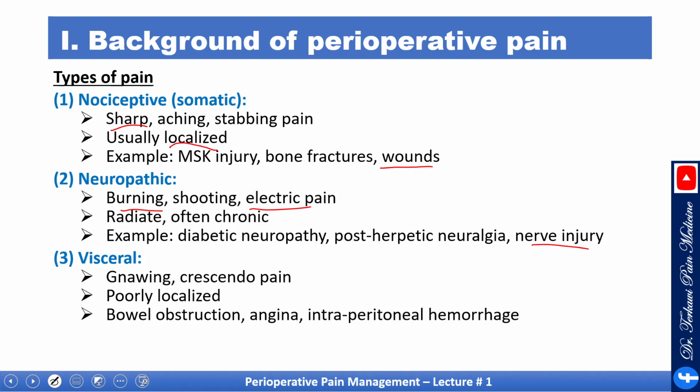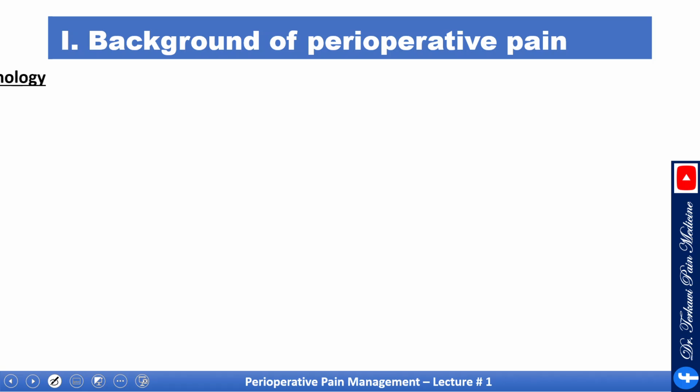Visceral, it's more like a cramping, gnawing, crescendo pain, usually poorly localized and associated with bowel obstruction, angina, and hemorrhage. And we have psychological, which is inconsistent with an organic cause.